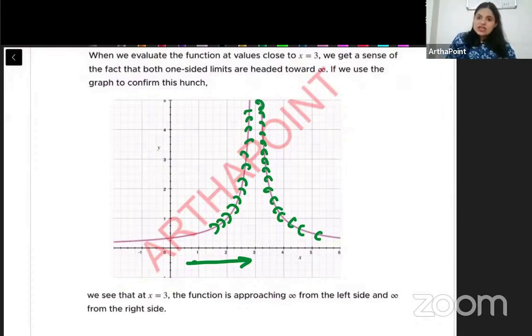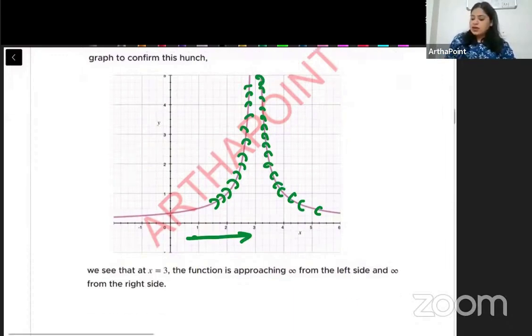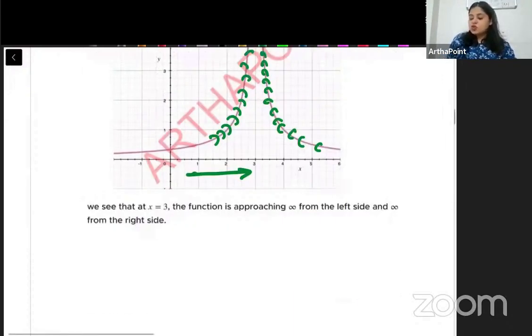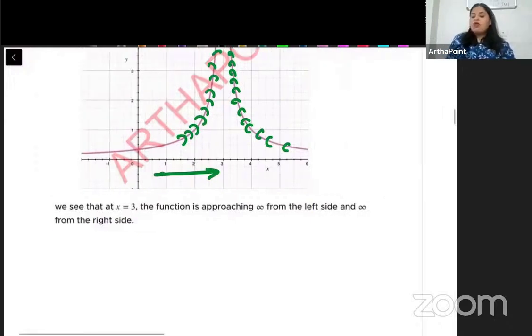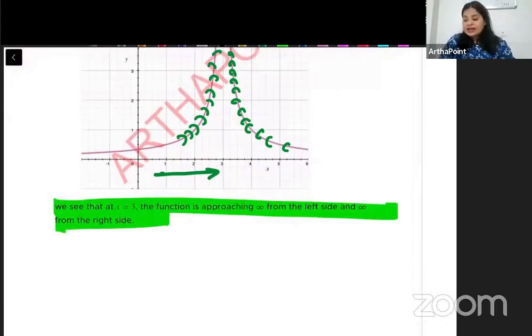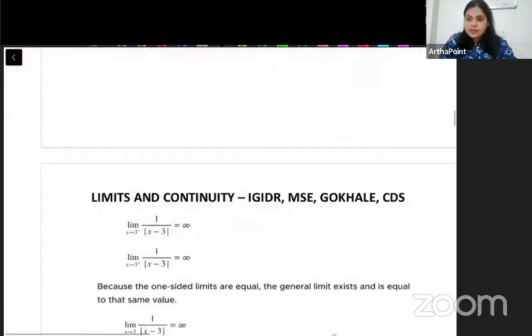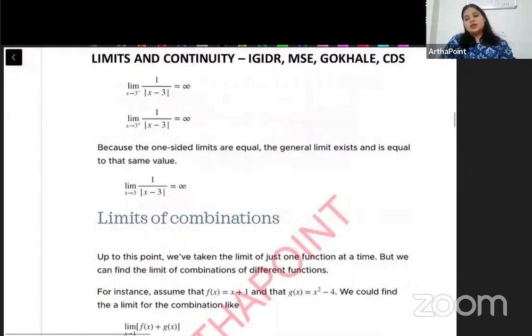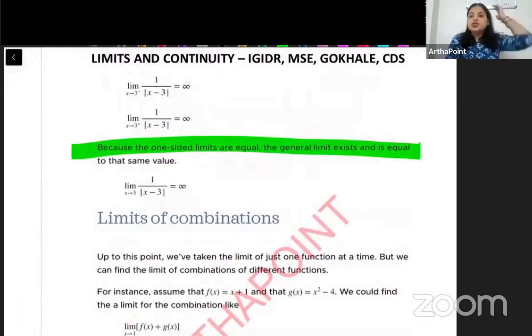So we can say that the function goes towards infinity from both left and right-hand side. And because of that, we can say that one-sided limits are equal, the general limit exists, and it is equal to infinity. Right? It is equal to infinity.